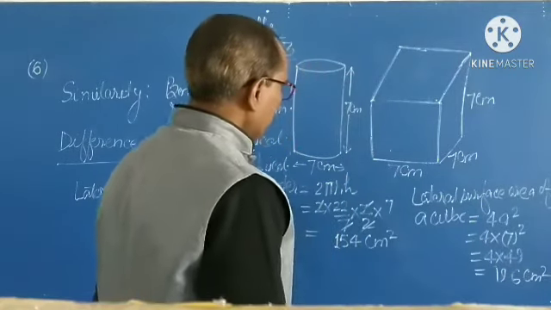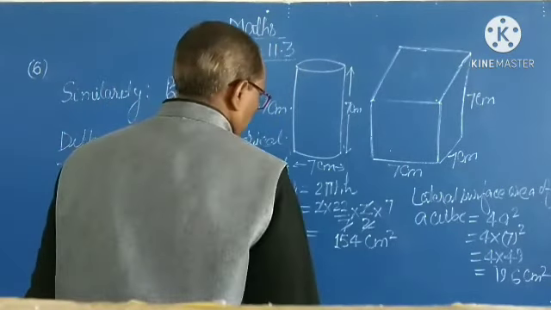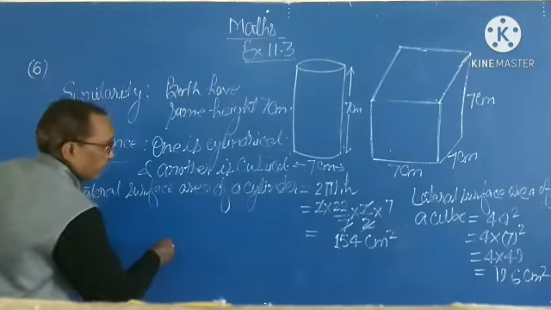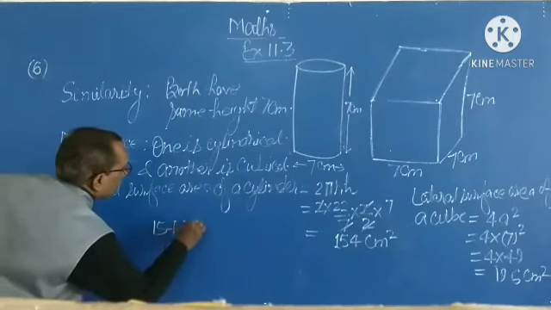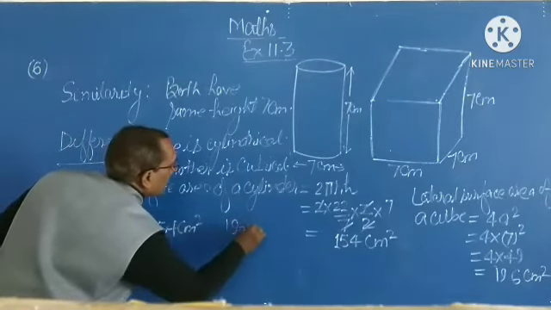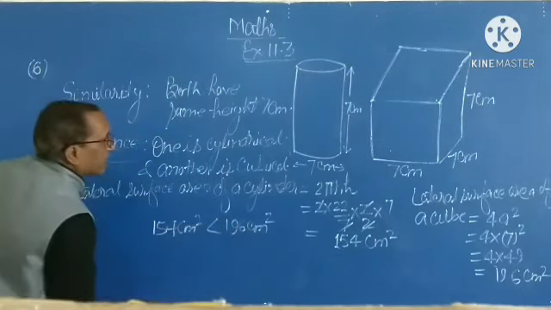This means lateral surface area of cube is larger. When you compare 154 centimeter square and 196 centimeter square, 154 is less than 196.